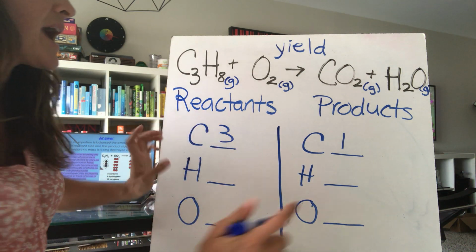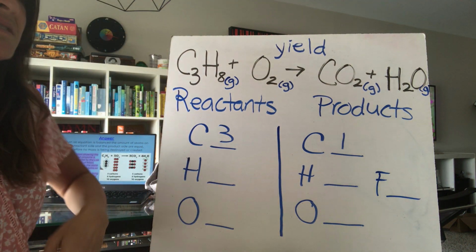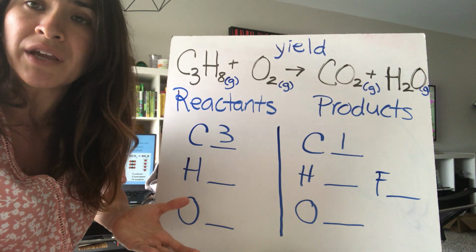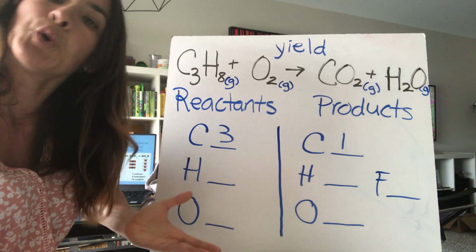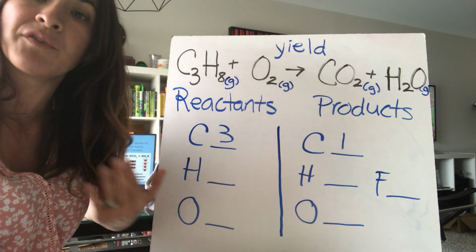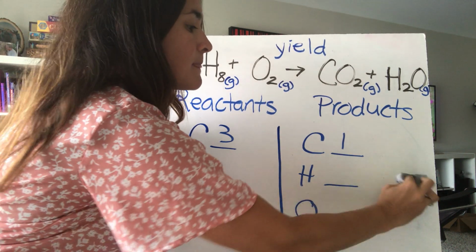If suddenly I had fluorine on the product side, that would suggest that I created fluorine out of nowhere. I can't just create fluorine. Fluorine has to have existed prior for me to end up with it. So this would be totally wrong.